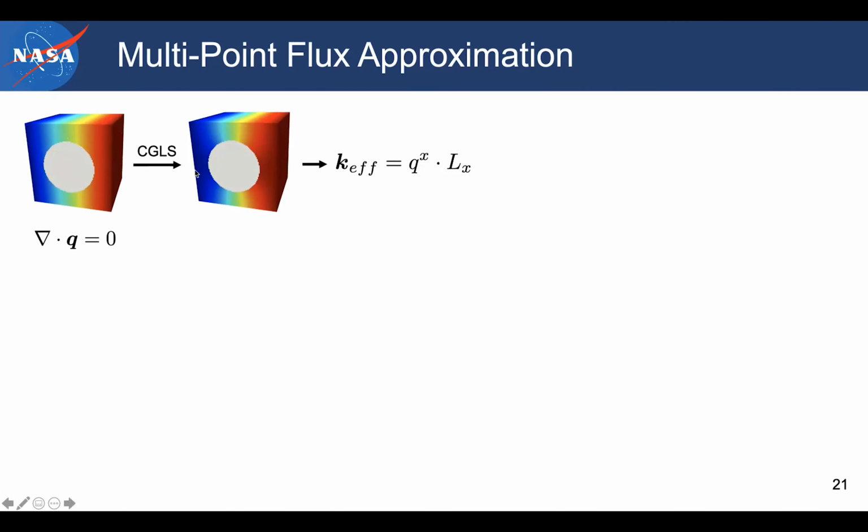Then we feed this temperature guess to a conjugate gradient solver, which converges our temperature, and from which we can compute the converged fluxes, from which we can back out the effective tensor. Depending on what direction you're currently running, you're going to obtain a different row of that effective tensor.